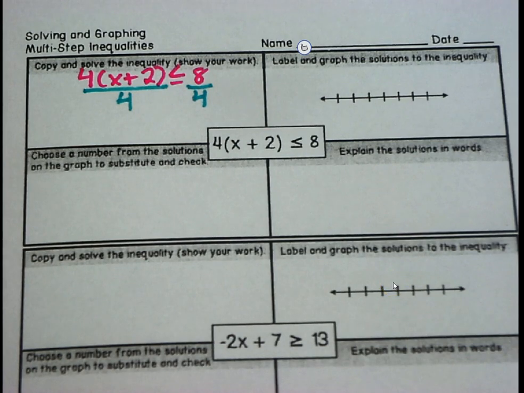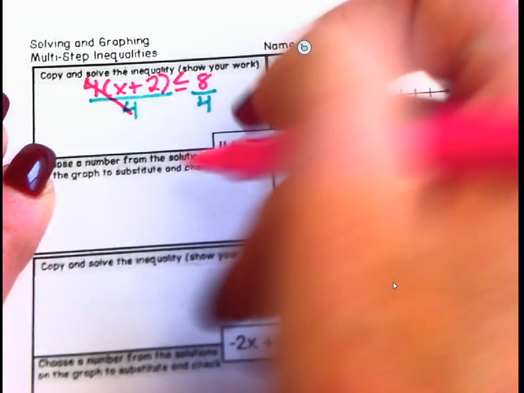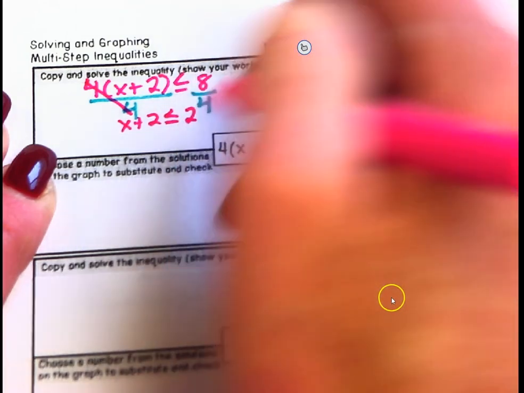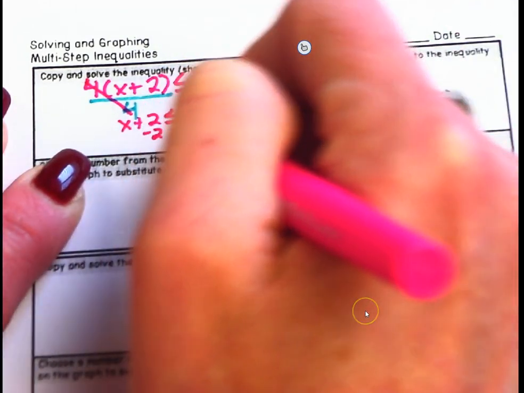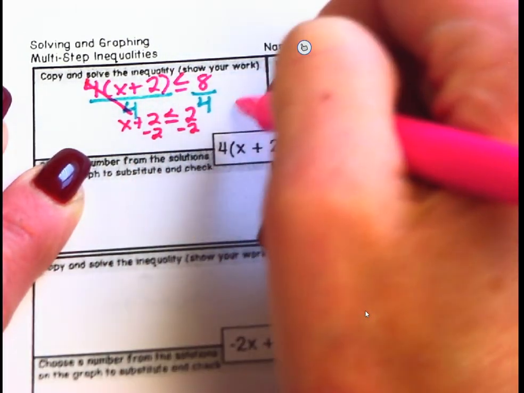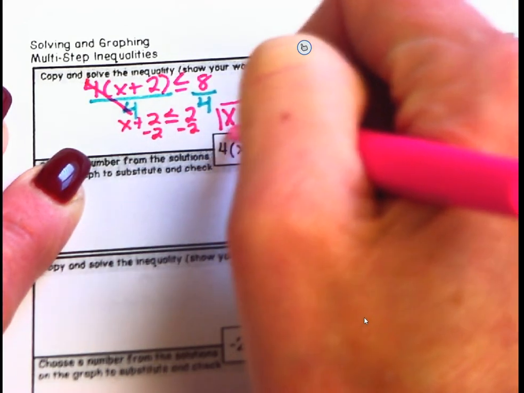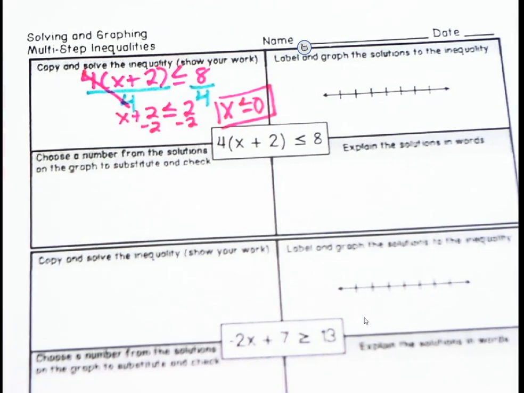Only by a negative. That's right. So I'm dividing by a positive 4, so nothing's going to flip this time. So I have x plus 2 is less than or equal to 2. 8 divided by 4 is 2. Then I'm going to subtract 2 from both sides, and x is less than or equal to 0, because 2 minus 2 is 0.